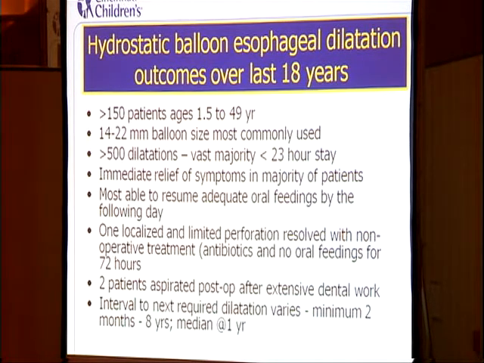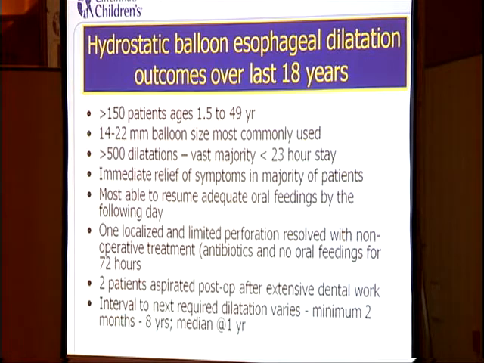We have noticed that many of our older teenage patients seem to have less requirement for dilatation, which I think is very comforting for some of our families who are going through dilatations every 4, 5, or 6 months, to know that at some point those children, as they become adults, may require fewer dilatations.